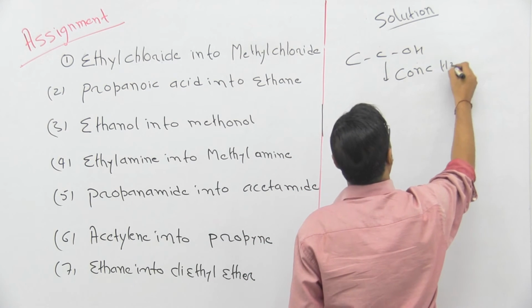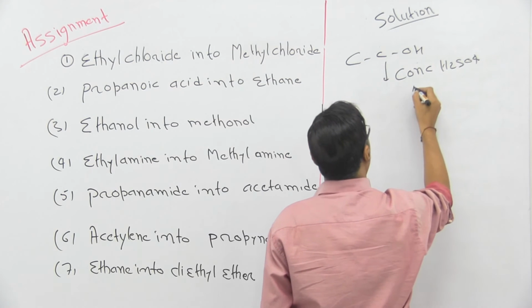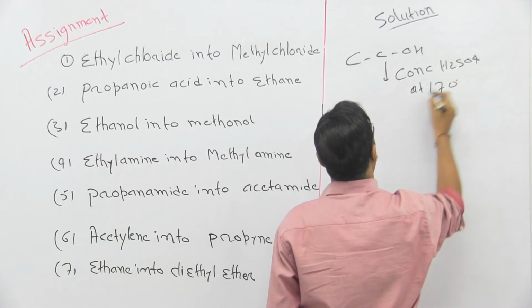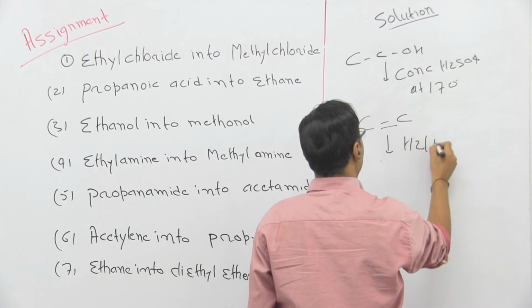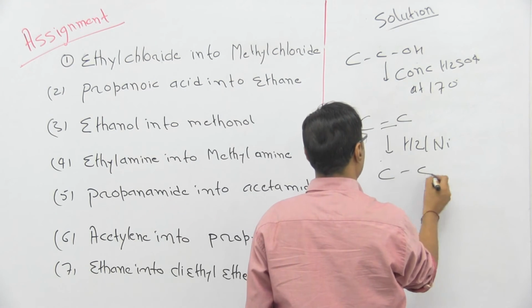H2SO4 at 170 degrees Celsius. It became C double bond C. Then hydrogen in the presence of nickel, and it became C single bond C.